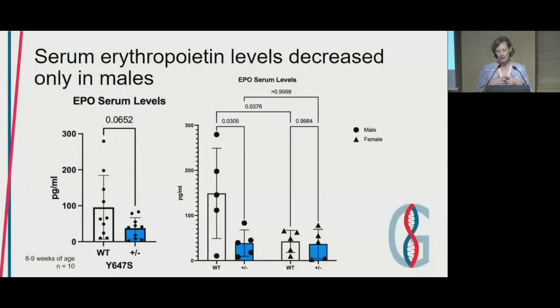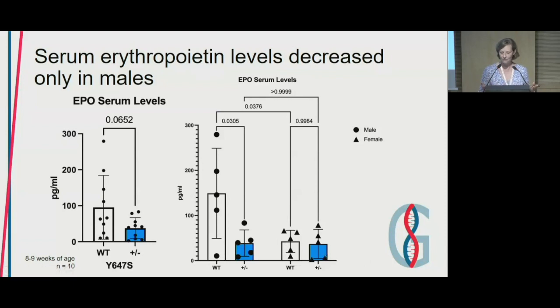Then my student who discovered all of this, Sylvia Okafor, went on to look at erythropoietin, because this is a hormone that's needed to make red blood cells. Since they had more red blood cells, we thought that there would be more of this EPO in the serum, but in fact, there was less. When she went further and looked at the phenotype in males and females, this phenotype was only seen in the male mice, and in the female mice, there was no difference.